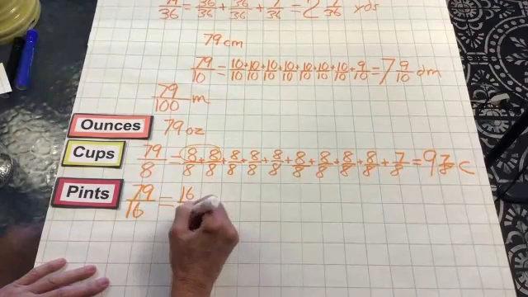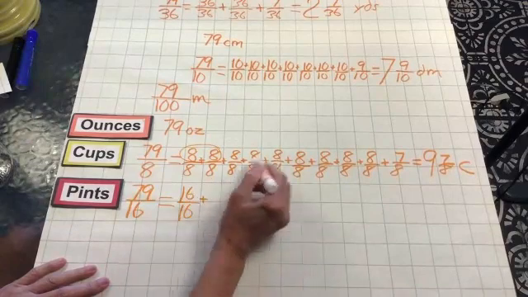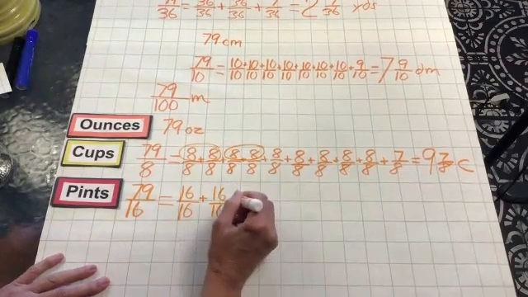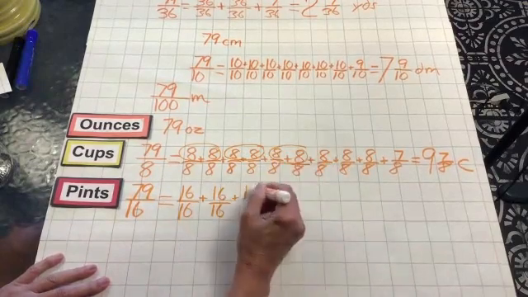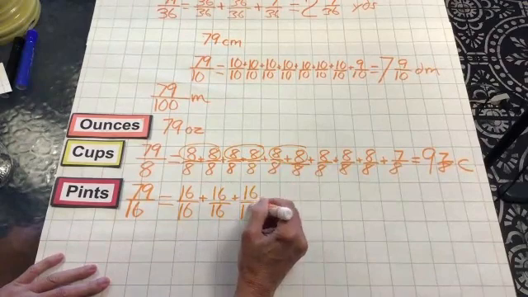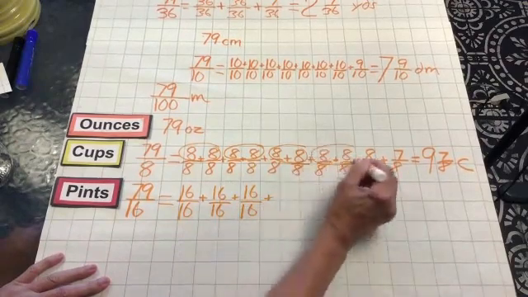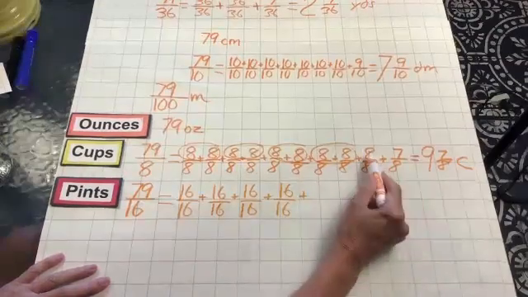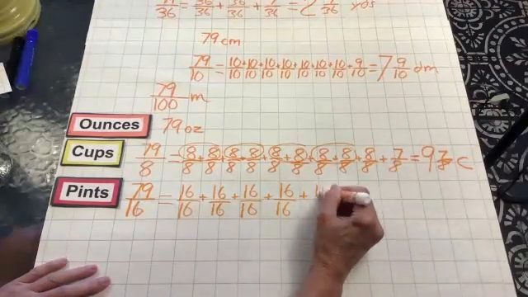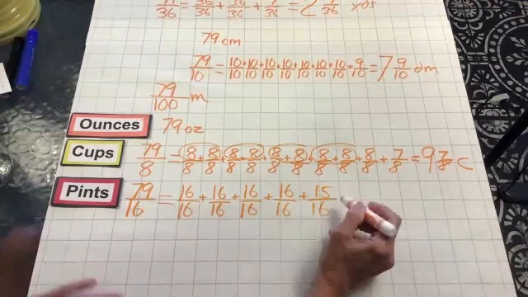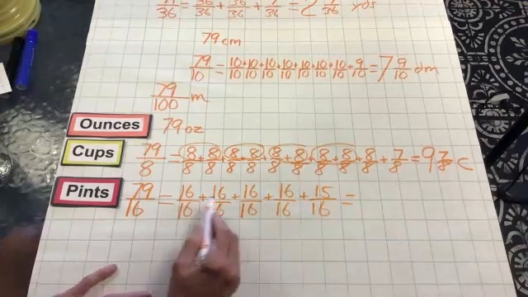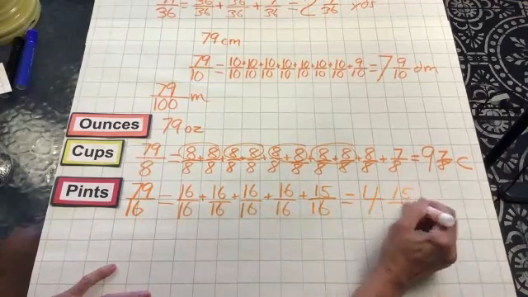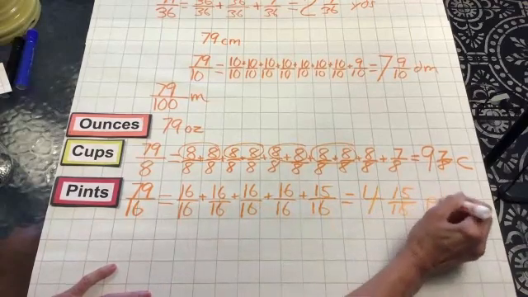So we have 16 over 16 plus another set of 16 over 16 plus 16 over 16 plus 16 over 16 plus, well, 8 plus 7 is 15. So then we only have part of a pint. So we have a total of 4 whole and 15 sixteenths pints.